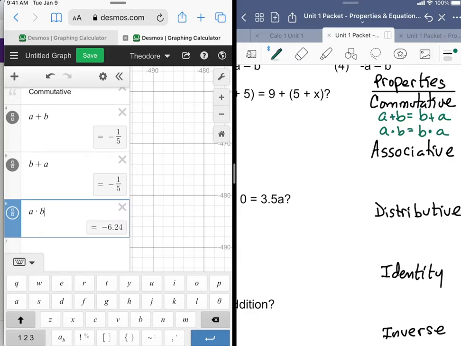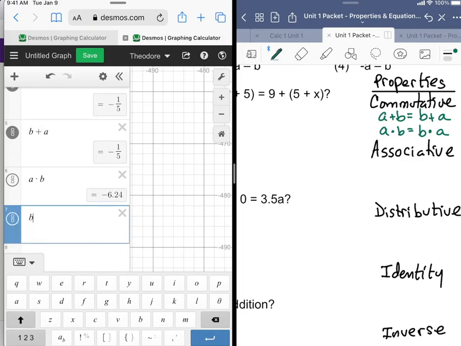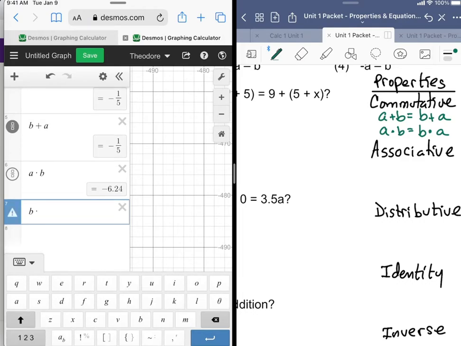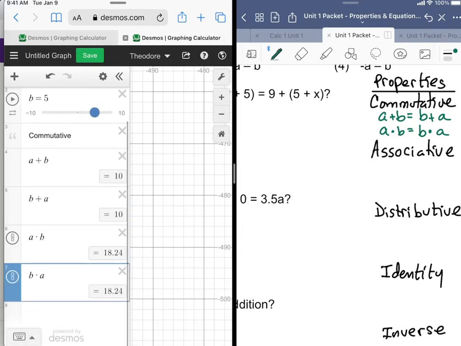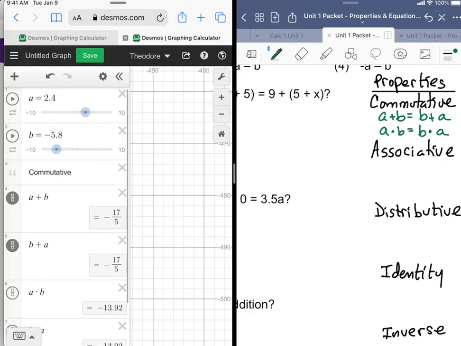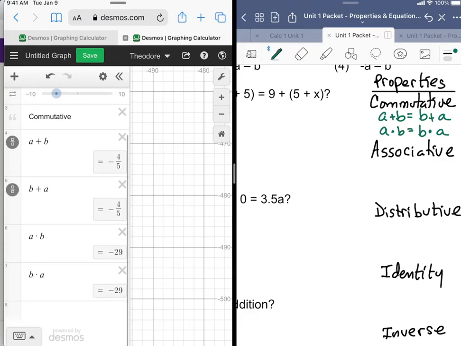You put two letters next to each other, it's implied that they're multiplied. So B times A. So we have, for addition and multiplication, no matter where I put my slider, those values are always going to be the same, whether it's for A or B. All right, so we have the rule, and we also have a justification for the rule.